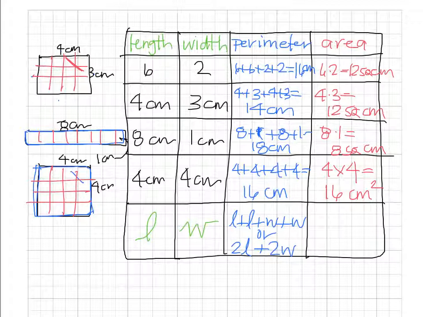On the other side, area is simply length times width. And we should probably set that equal to, in this case, perimeter. And here is going to be equal to area.